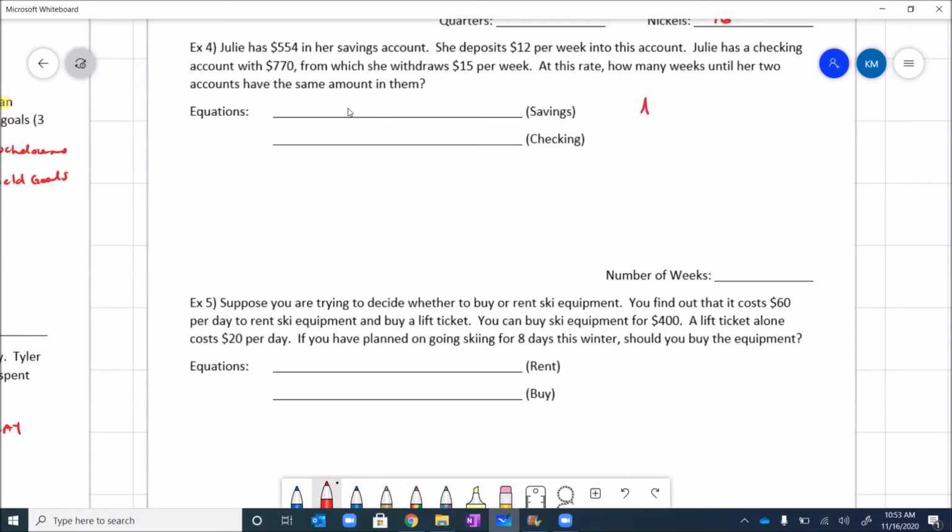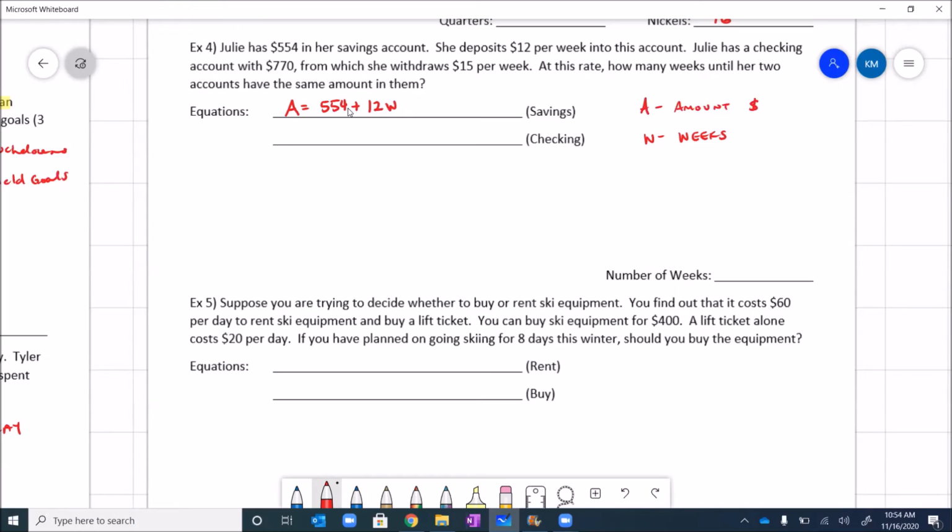So here, I'm going to use A as amount of money in the account. And the other thing we don't know is the number of weeks. Okay, so in her savings account, we have two equations. One's about savings. The amount in her savings account is $554, where she deposits $12 per week.